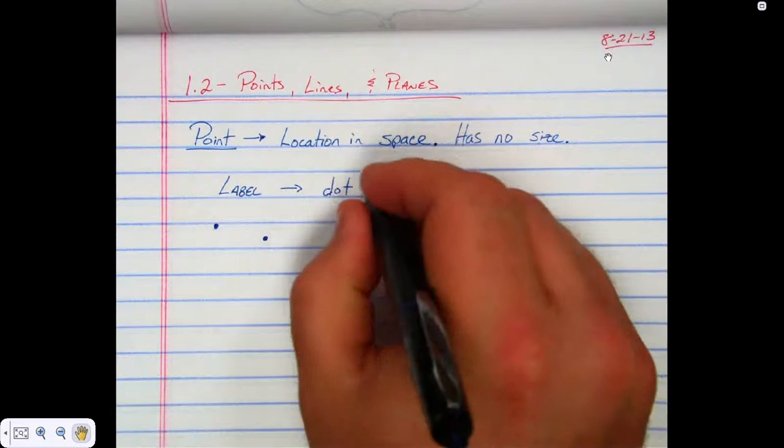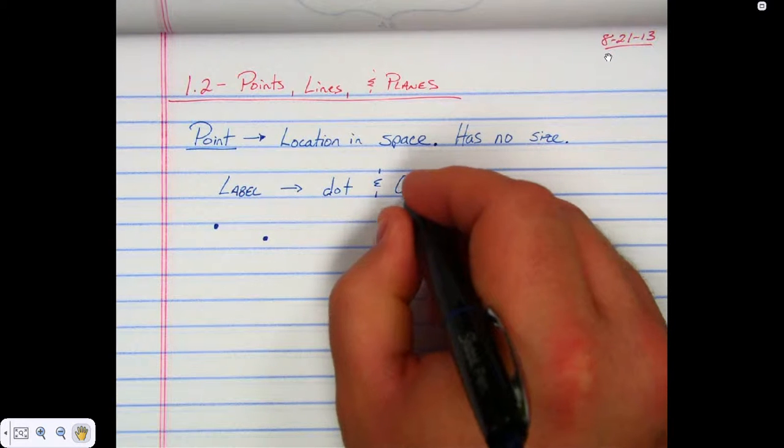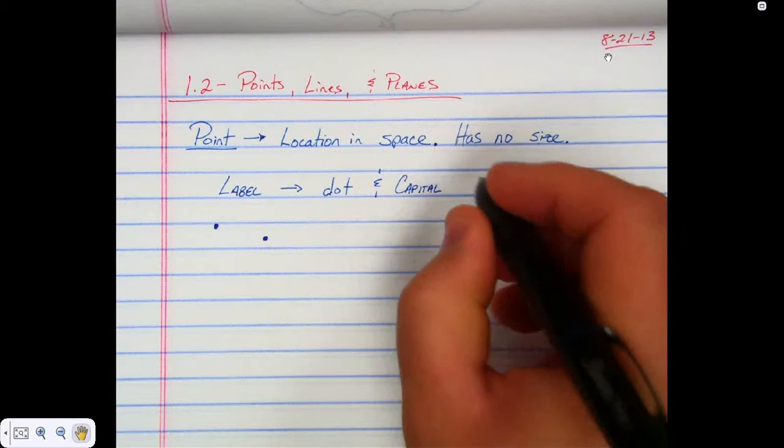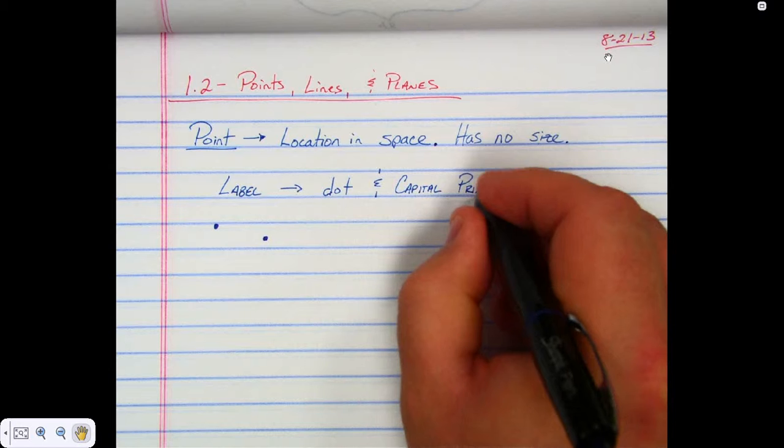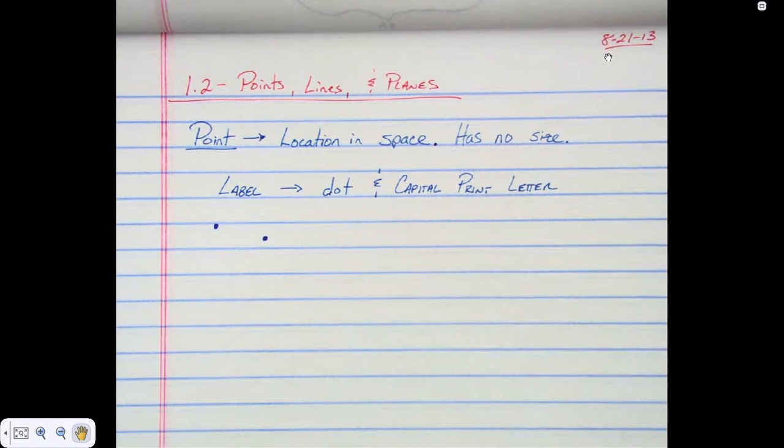So we use a dot and a capital print letter. What I mean by that is it's not cursive, it's not italicized. It's the first kind of letters you probably learned to write when you were a kid.